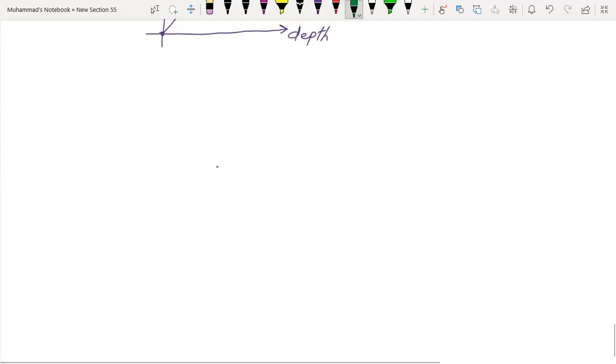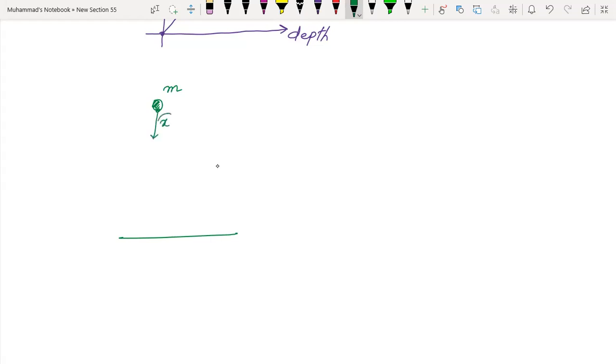Another very important situation. For example, if you drop an object from some height, the mass of this object is m, and we are going to see how its potential energy changes with this distance. This is the distance.